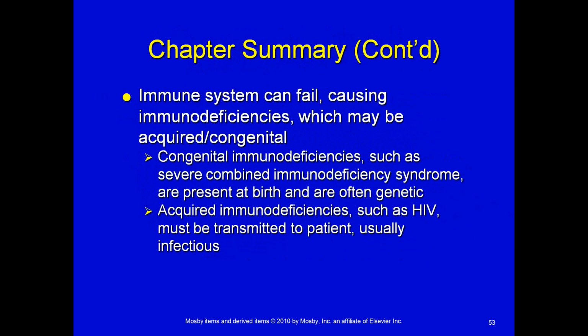We looked at how the immune system can fail, causing immunodeficiencies, which may be acquired as you're exposed to pathogens, or they may be congenital. You may be born with them.